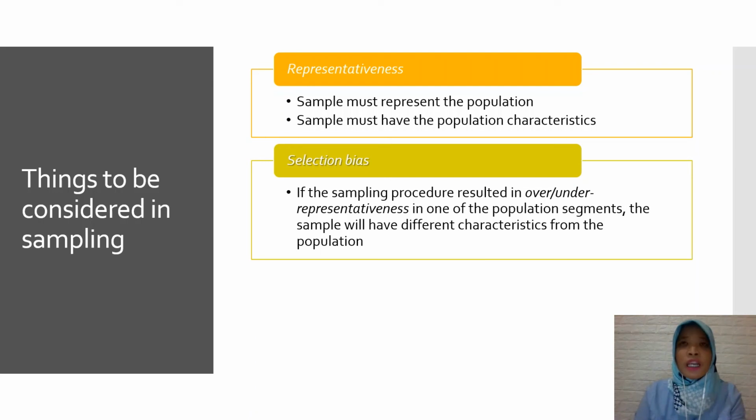We just collect data from those who are willing to participate, and not through a more systematic sampling technique like random selection in probability sampling. So some sampling procedures like convenience sampling might result in over or underrepresentation of one of the population segments, and then the sample will have different characteristics from the population.